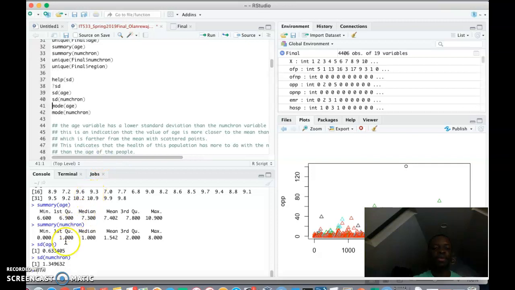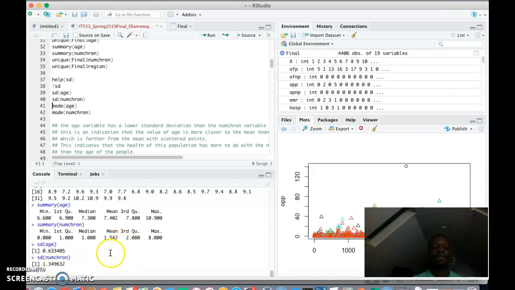If you look at the mean very well, the mean of age is 7.402, and the standard deviation of age is 0.633405, which is not far away from the mean value. And the mean value for non-chrome is 1.542, and the standard deviation for non-chrome is 1.349.